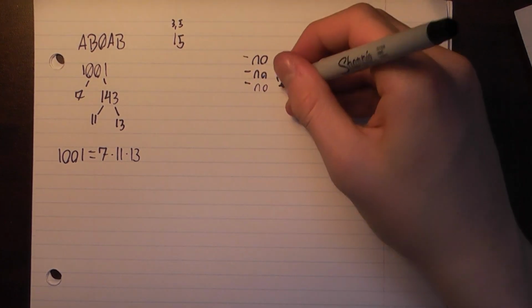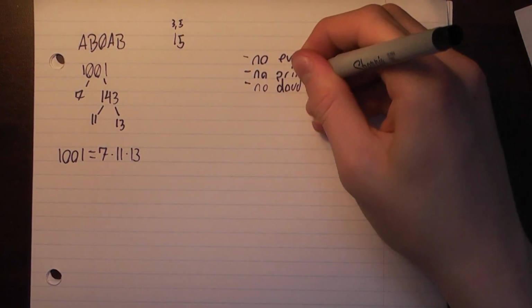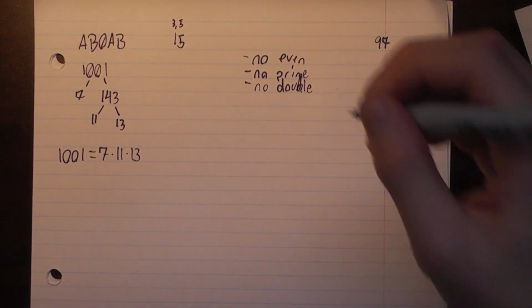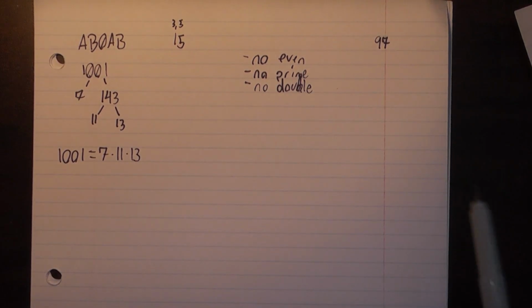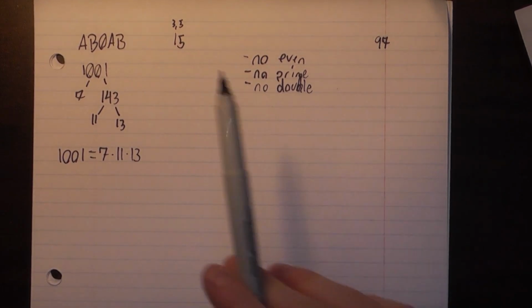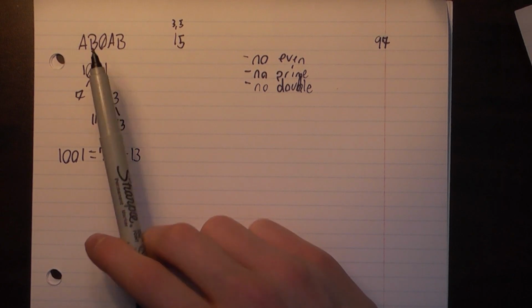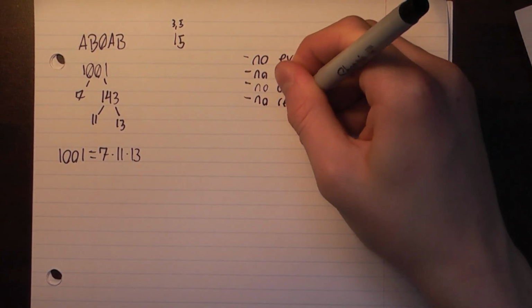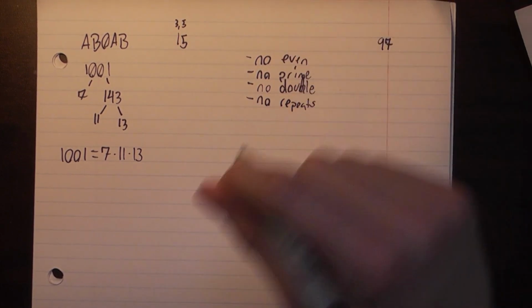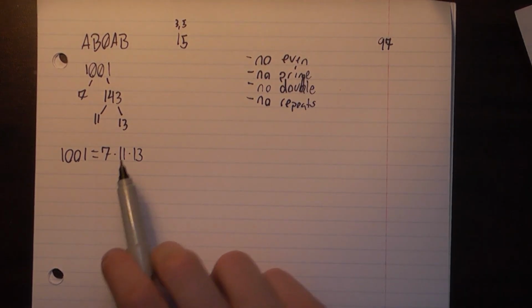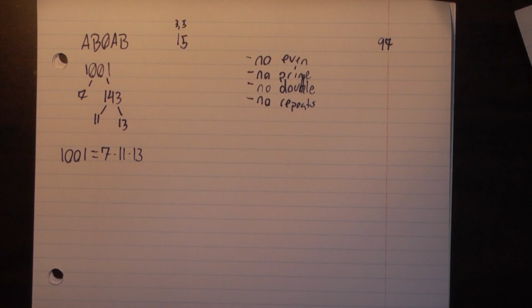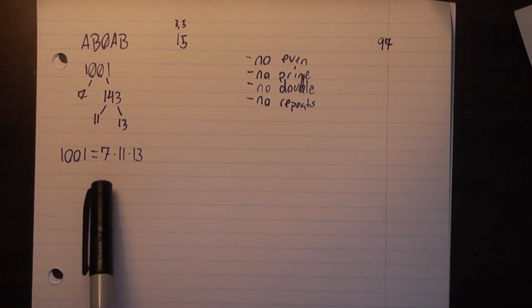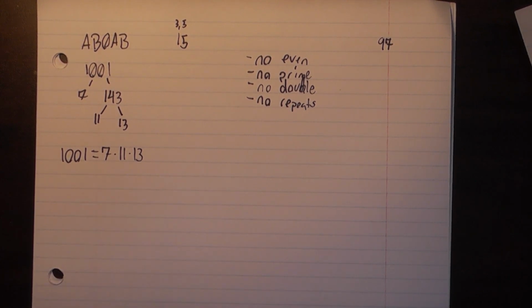There can be no double numbers, and what I mean by that is 11, 22, 33, 44, because for the same reason that we ruled 99 out, A would equal B. And finally, no repeats of 7, 11, or 13, meaning that we can't use a number that has a divisor of 7, 11, or 13.